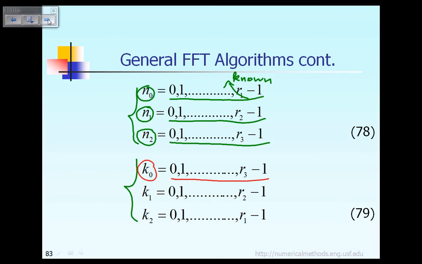Notice, N0 goes up to R1 minus 1, but K0 goes from 0, 1 up to R3 minus 1, not R1 minus 1. So those are equations 78 and 79, which give you the range of values for N0, N1, N2, and K0, K1, K2.